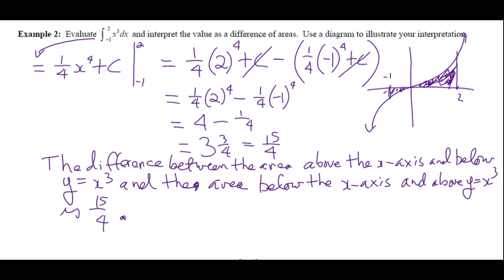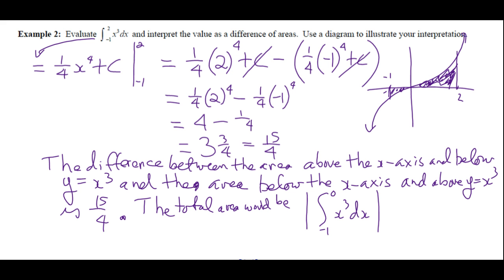Now, what would we do if we wanted the total area? Then we would have to split this up, right, and work out two separate areas, from -1 to 0 and from 0 to 2, right? So we need to say, well, where are you crossing the axis? So the total area would be the absolute value of, right?